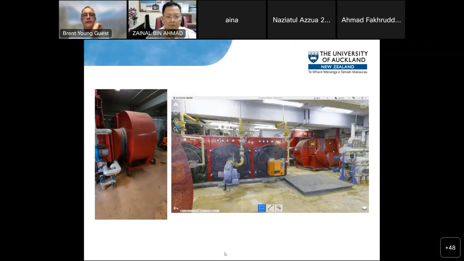As we walk through virtually, we can actually use the 3D scan to walk through and get perspectives on equipment and its operation that you wouldn't be able to get any other way, vantage points.